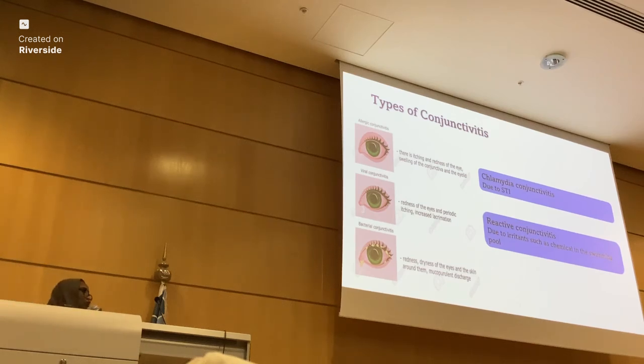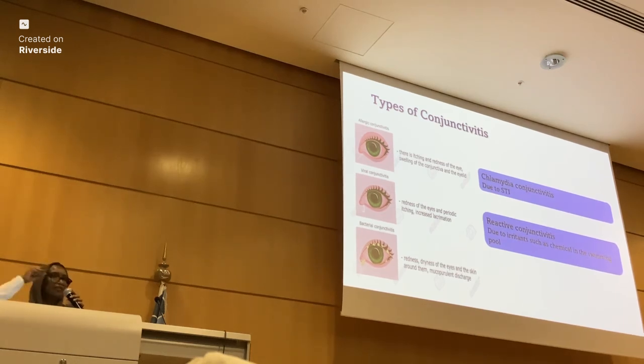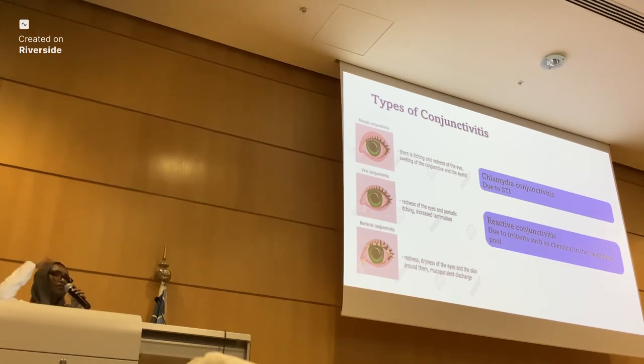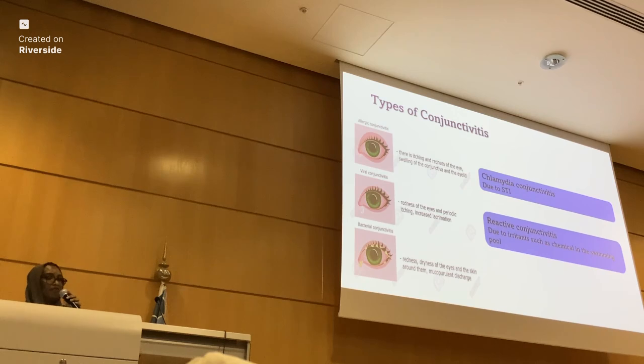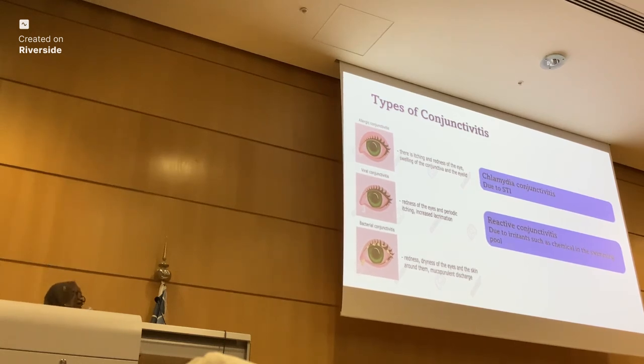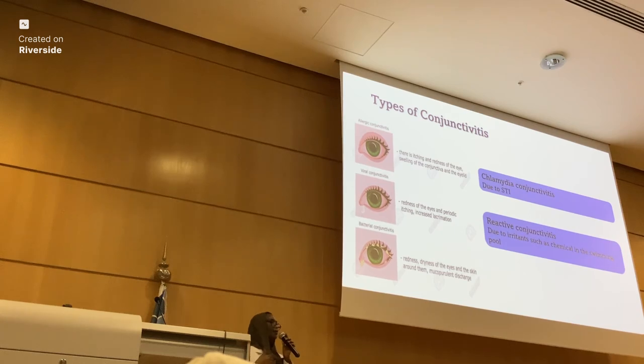To differentiate between allergic and viral, in case of allergic, the patients will say, well, I can't move my hand from my eye, I have to scratch all the time because I have this itching continuously. In viral infection, it comes and goes, it's not continuous, it's kind of intermittent. Okay?